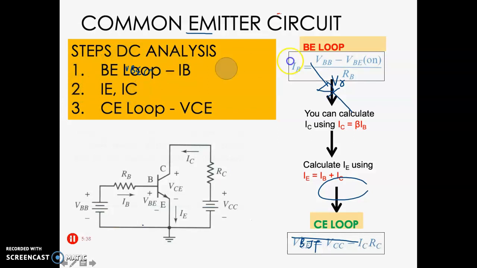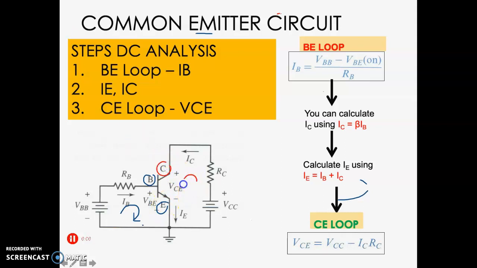This is how you are going to calculate the Q point of the DC analysis. The first step of your DC analysis: as shown here, the circuit consists of two loops. The first loop is the BE loop, this is B and E. The second loop is the CE loop.